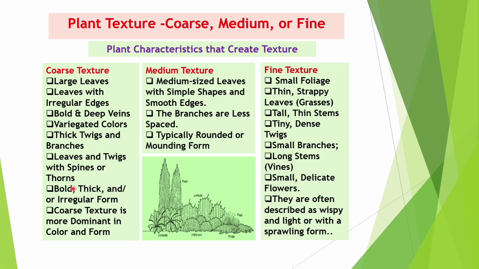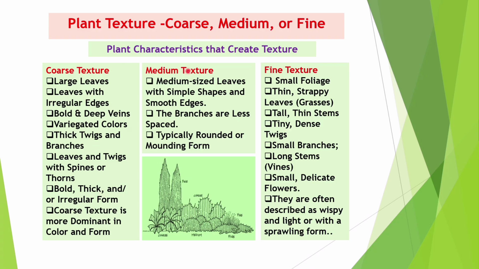It can be bold, thick, and irregular in form. And a coarse texture is more dominant in color and form because of its large size. So the plants which have these characteristics will be considered from the landscape point of view as coarse textured plants.